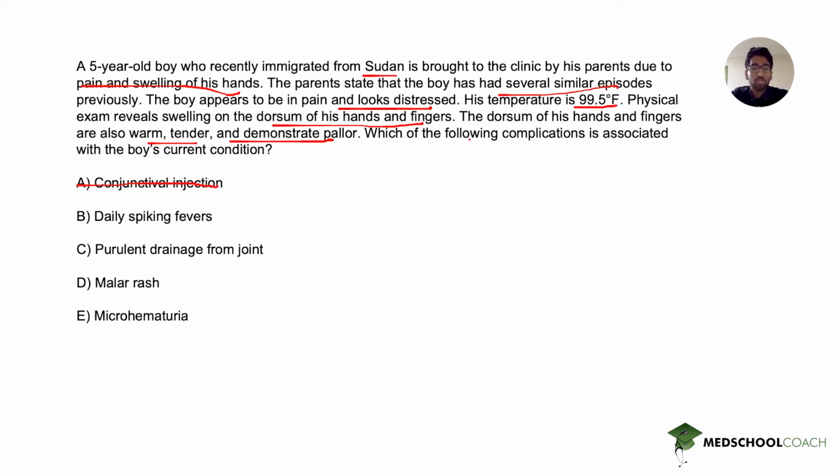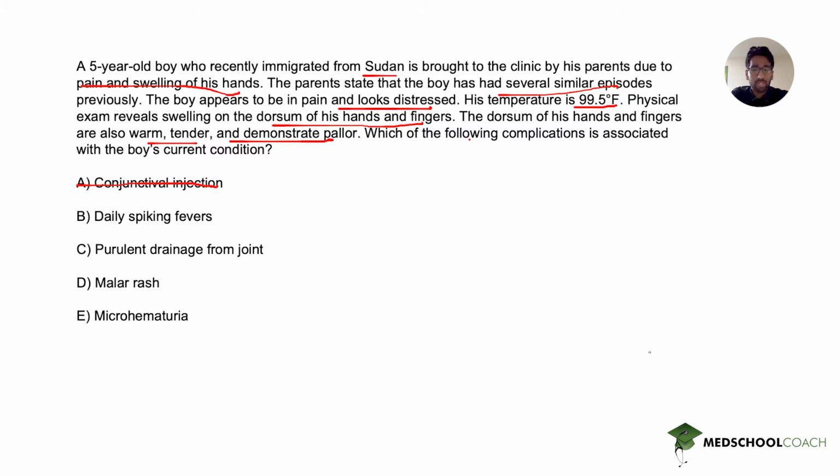Answer choice B says daily spiking fevers. That answer choice is going after a diagnosis of juvenile idiopathic arthritis. Now, although he does have some pain in his hands and fingers, it doesn't really seem to be an arthritic picture in this case, because for juvenile idiopathic arthritis, we typically expect a salmon-colored macular rash in combination with arthritis and fever and potential anemia.